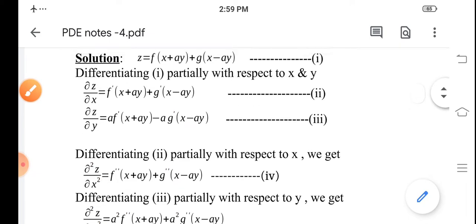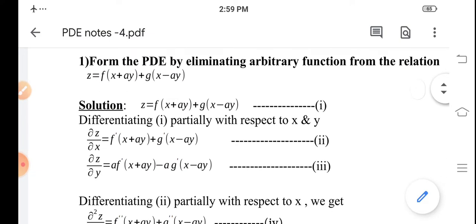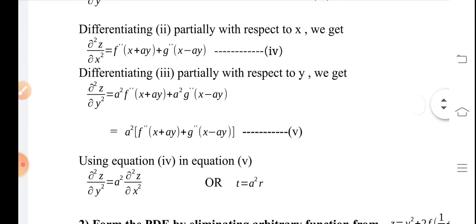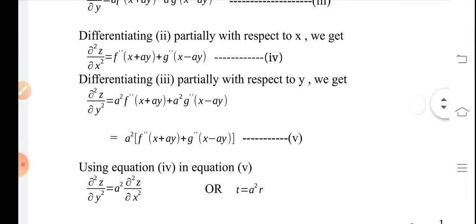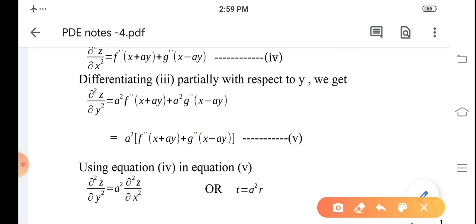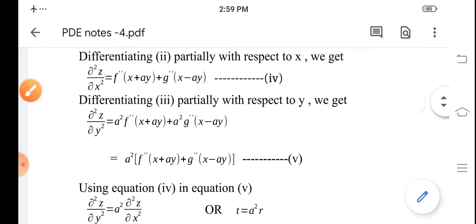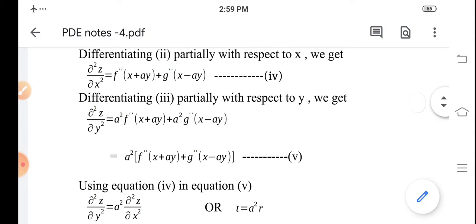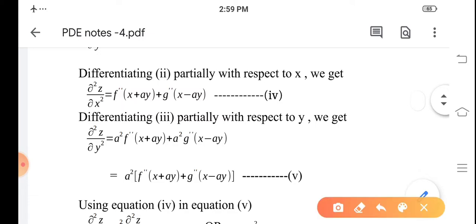Now to eliminate arbitrary functions from the given relation, here we take equation 4 and 5. From equation 4 and 5, we can eliminate f double dash and g double dash. To eliminate f double dash and g double dash from equation 4 and 5, we can use equation 4 in equation 5.